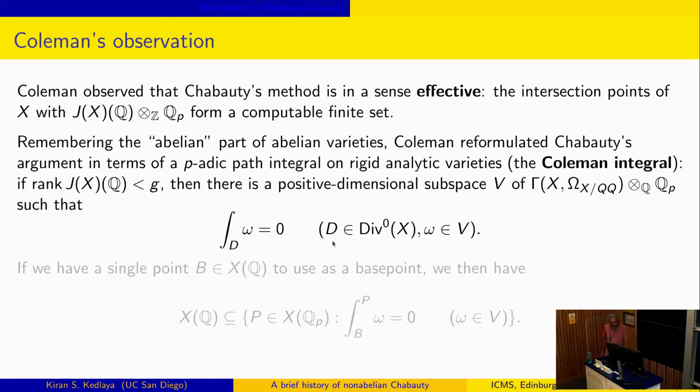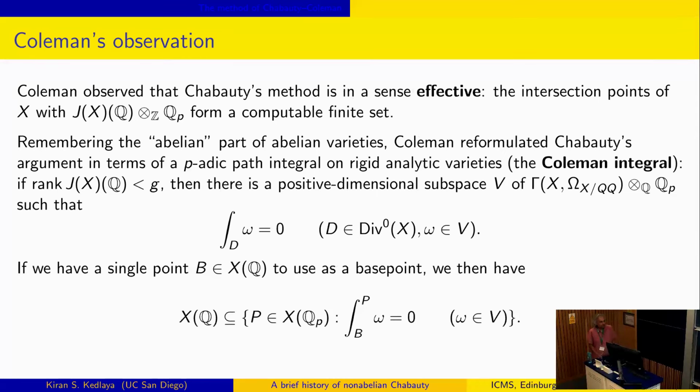And then what Coleman said is, once you know how to make sense of this definition, because the rank of the Mordell-Weil group is less than g, you have the g-dimensional space of differentials, and there will be a positive dimensional subspace that integrate to 0 against all of the degree 0 divisors. If you can identify that subspace, then you can use that to bound the rational points on the curve by restricting those differentials from the Jacobian.